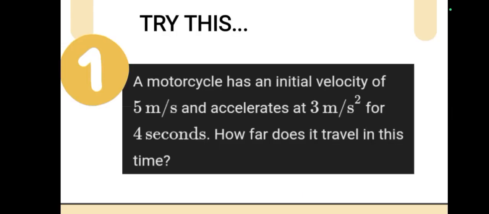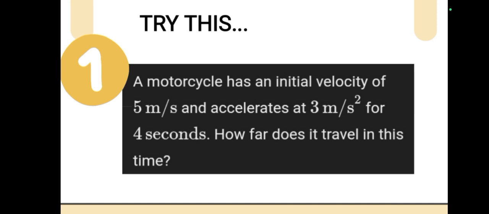At this point, you will now answer on your own another problem related to uniformly accelerated motion. Copy the problem and answer this in a one-half crosswise. You'll be given time to answer problem number 1.